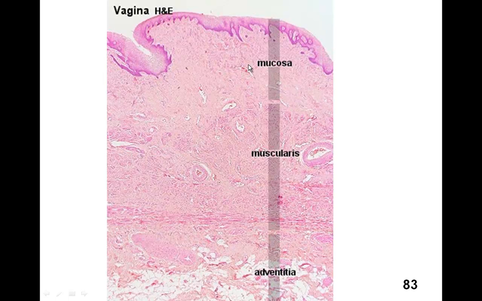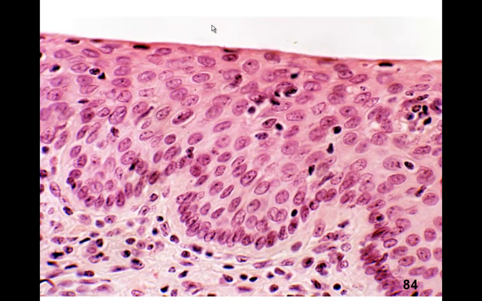This is a section taken through the wall of the vagina, and here we have the mucosa, the muscularis, and adventitia, and at a higher magnification we would be able to view the stratified squamous epithelium. Again, this is the lining of the vagina, the stratified squamous epithelium, non-keratinized.